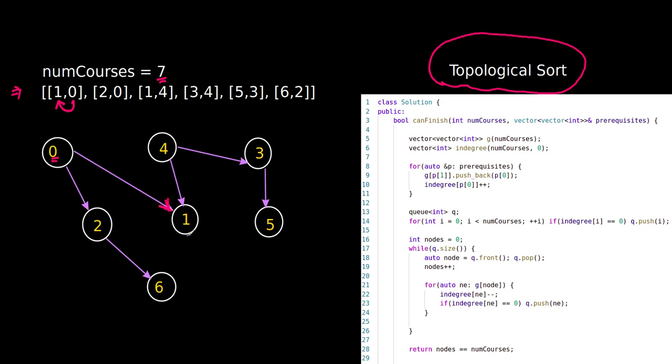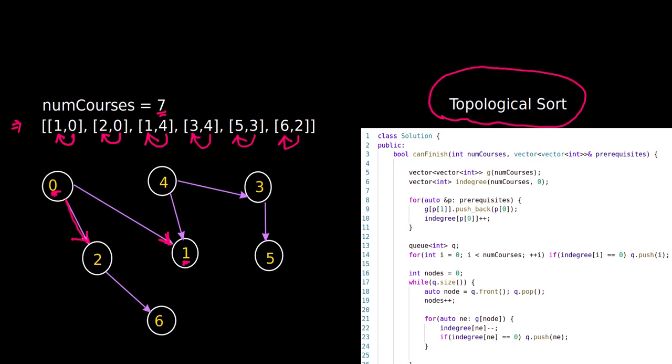That means before taking course 1 you should take course 0, and you need to take course 0 before taking course 2, and then edges from 4 to 1, 4 to 3, 3 to 5, and 2 to 6.